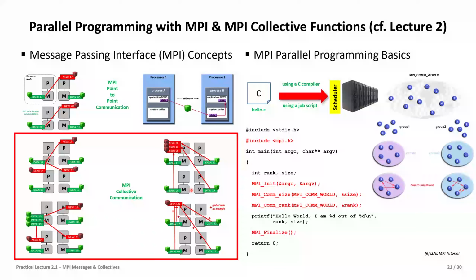And then there's a kind of inverse operation to this. Once you have computed on this data, you want to have one processor collecting all of this information again. And then you have the array filled again with the different information from the memory of all the different processors in this particular communicator.